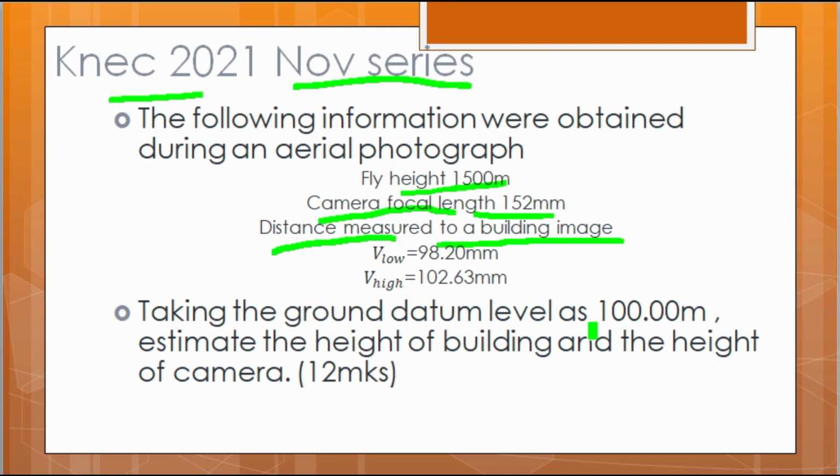Taking the ground datum level as 100 meters, estimate the height of the building and the height of the camera. Those are the things that we need to calculate. This is a 12 marks question, a lot of marks that we can go ahead and tackle.